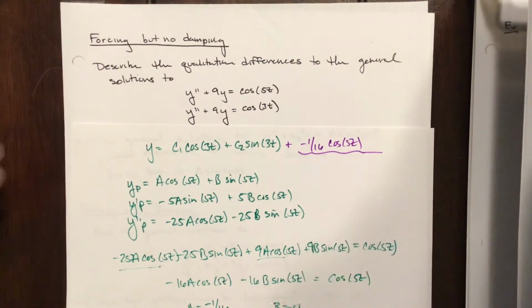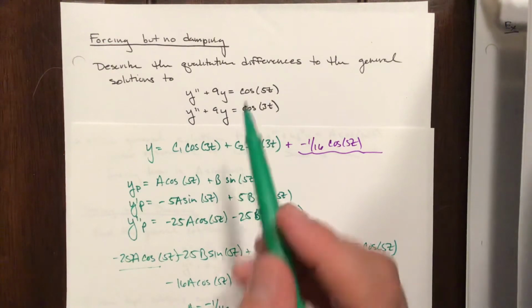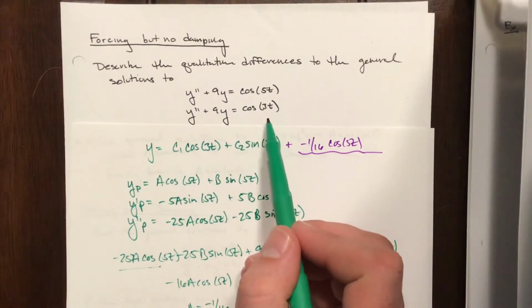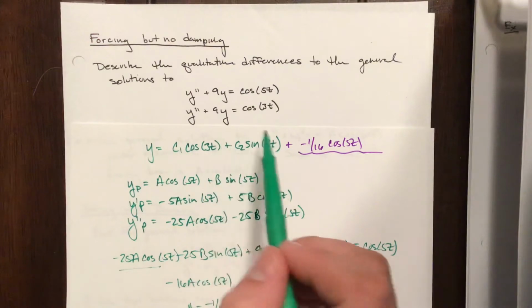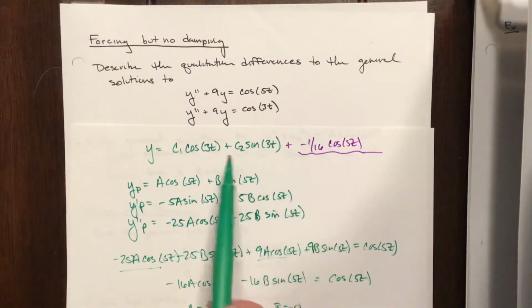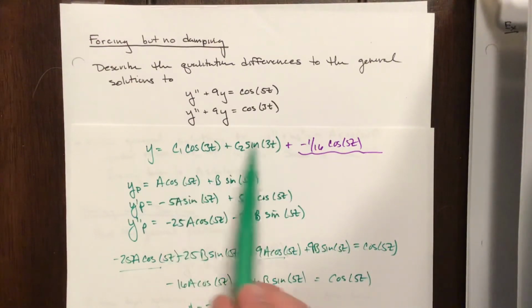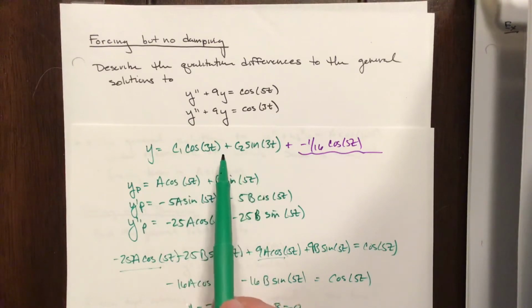Now, what happens if we have cosine 3t? Okay, well, cosine 3t is now part of the complementary solution.